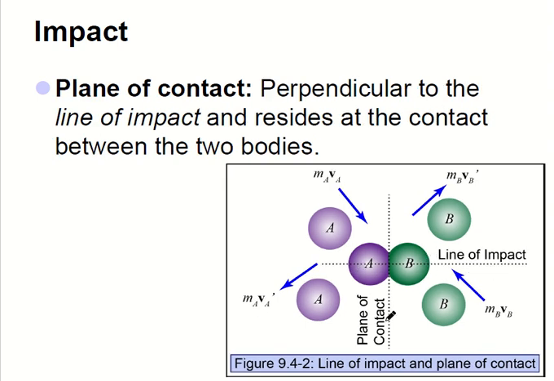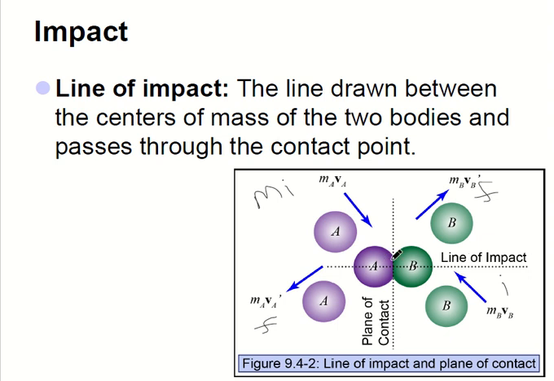The plane of contact is perpendicular to the line of impact, and sits at the contact between the two bodies. It's a little bit different. The line of impact is the line drawn between the centers of mass of the two bodies, and it passes through the point of contact, which is right there.